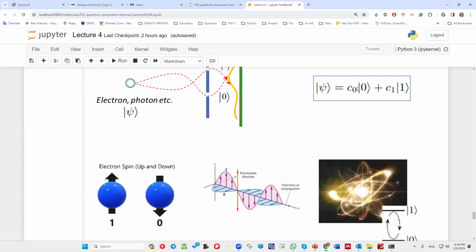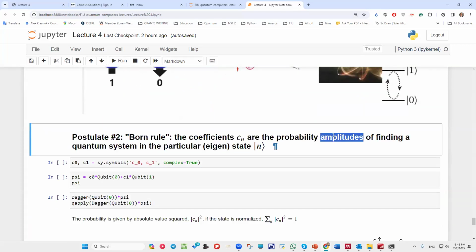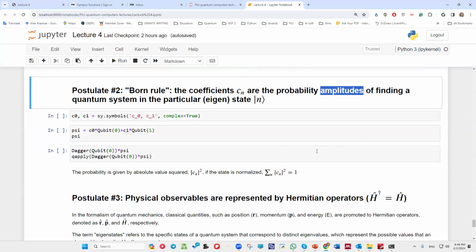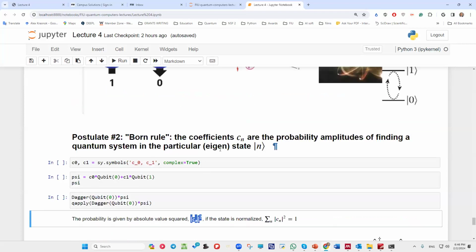However, these coefficients are complex valued. So they describe not just probability, but probability amplitudes. So the actual probability is given by the absolute value squared of this coefficient Cn.